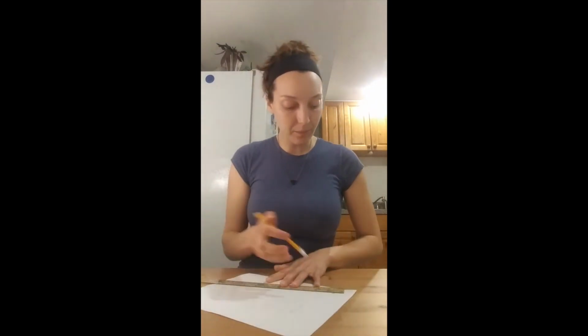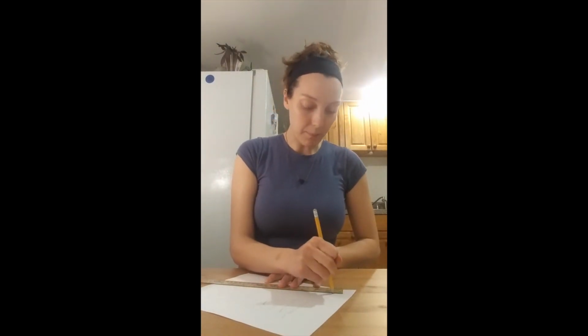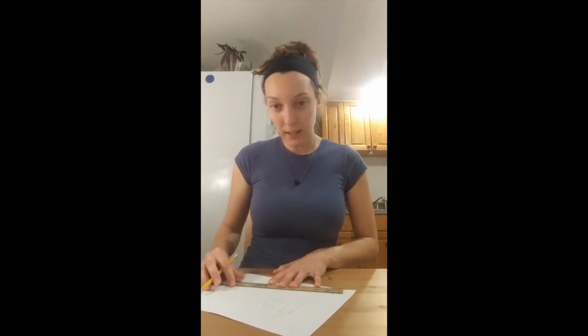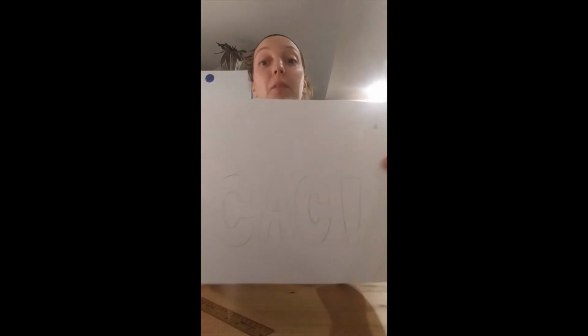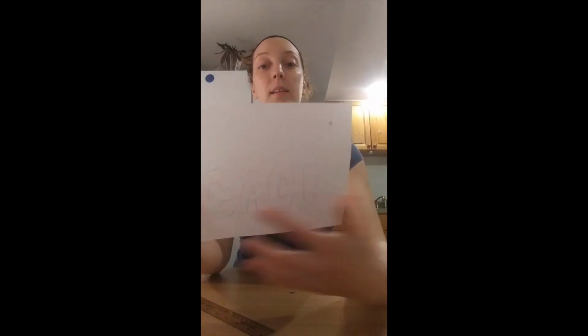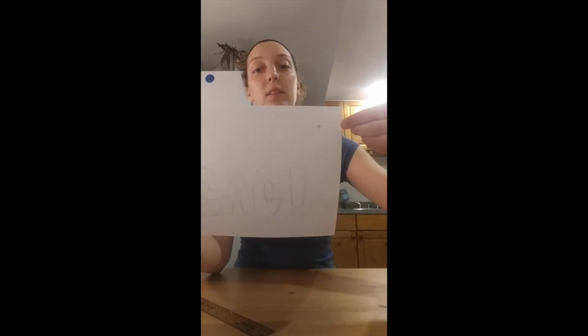All right, so the ruler is at that point, and it's just right at the edge of that C, and you're gonna draw a line. I do encourage you to draw lightly because you will be erasing a lot of these lines later. All right, and then, so that's my first one. That's my first line, okay? These letters will look like they're going into the distance towards that one little point there.